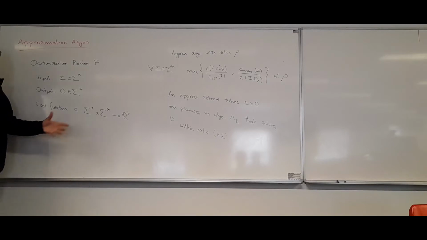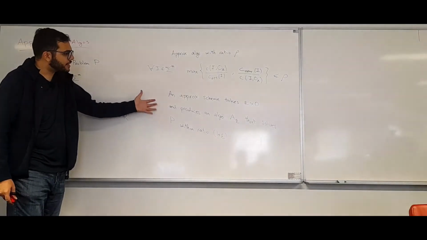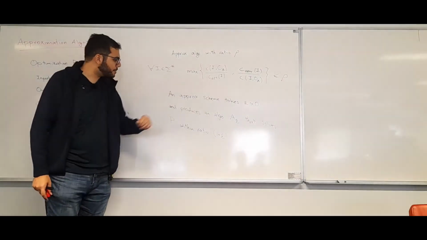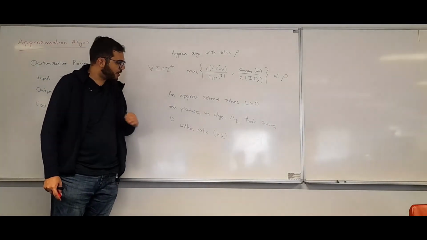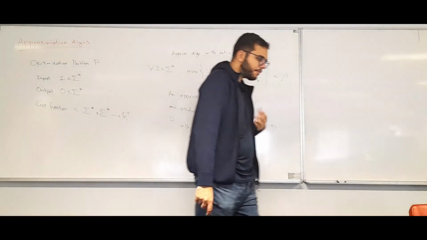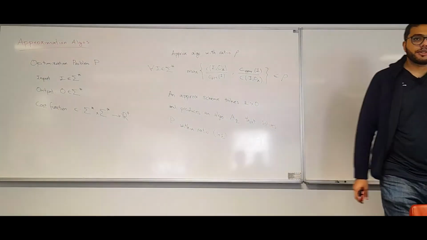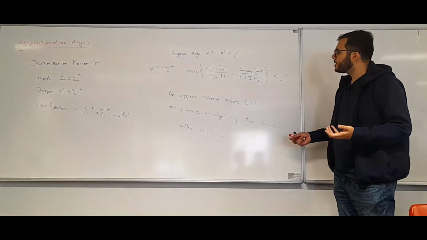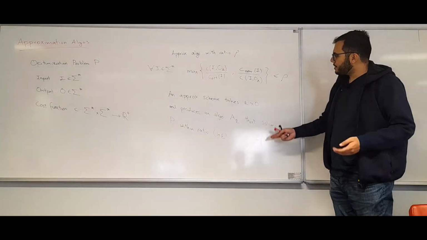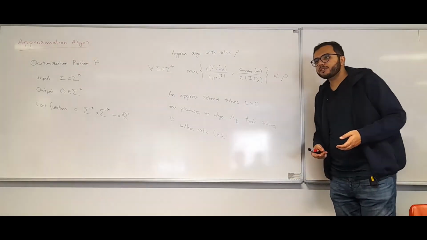So you can think of it as a single algorithm that takes an input instance and some epsilon, and then solves it within a ratio of 1 plus epsilon. But of course, we care about the runtime of these algorithms, right? Until this point, I'm just saying, this is the ratio, this is what an approximation scheme is.